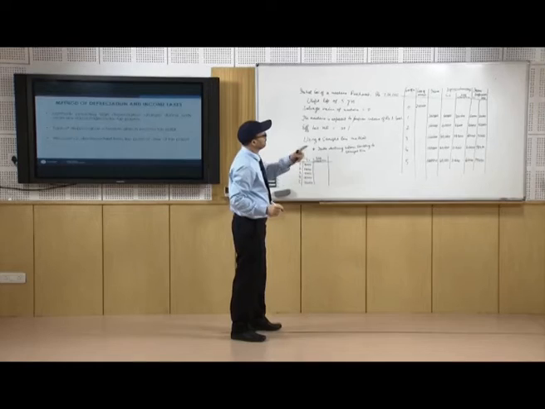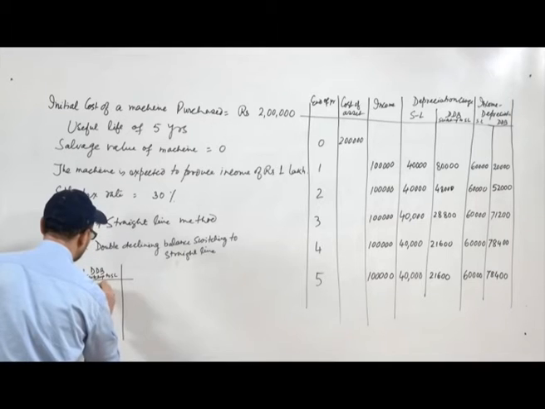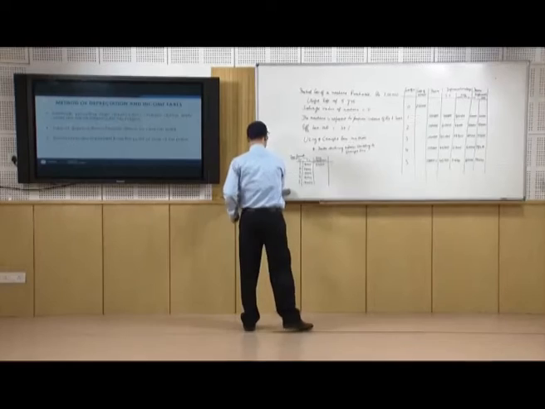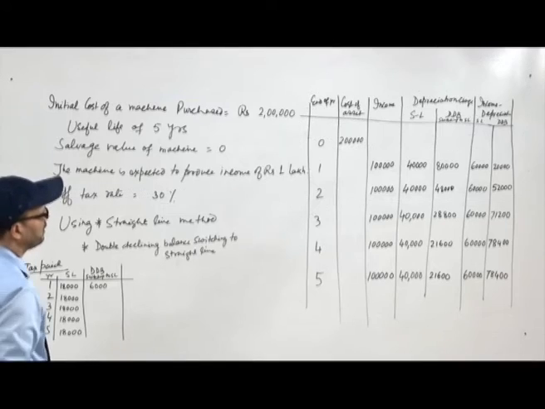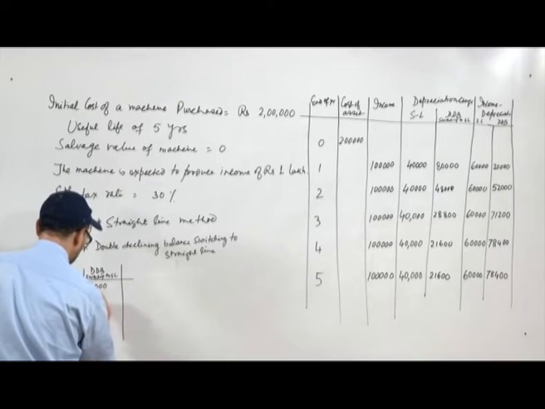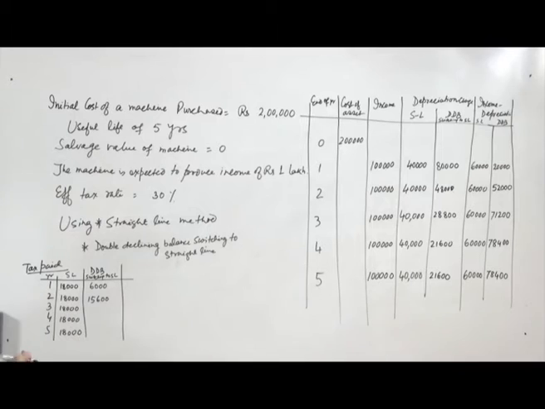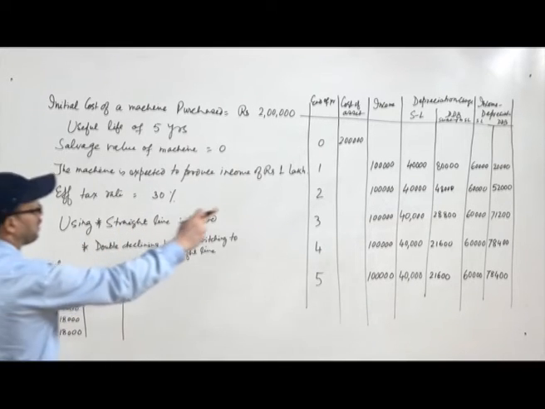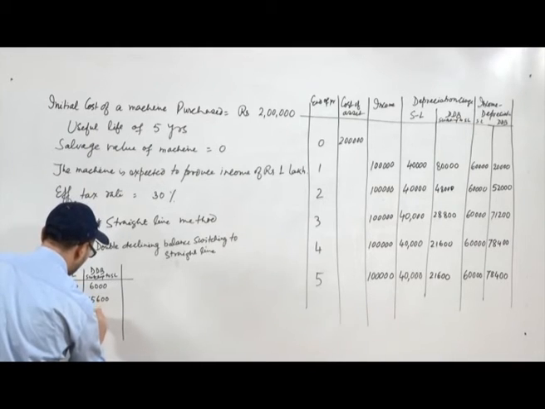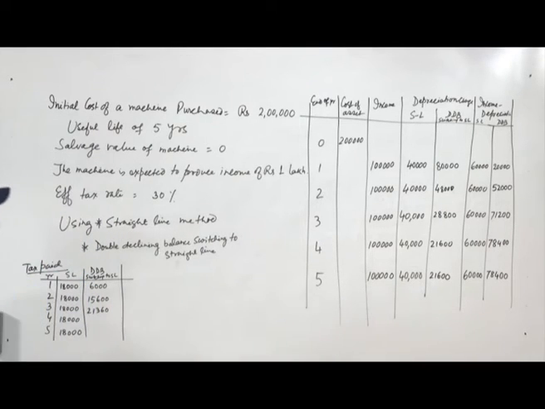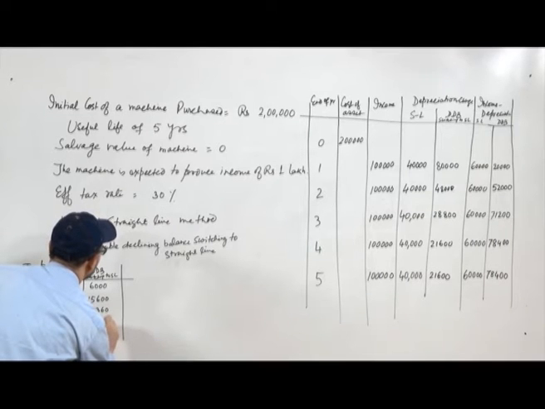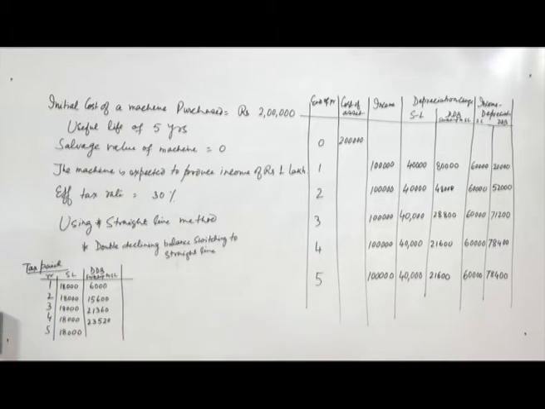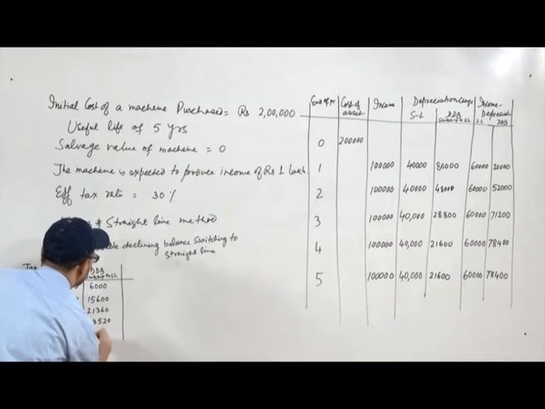In that case it will be 30% of 20,000, so 6,000 in the first year, then 30% of 52,000, so 15,600, 30% of 71,200, so 21,360, 30% of 78,400, so 23,520, and further 23,520.